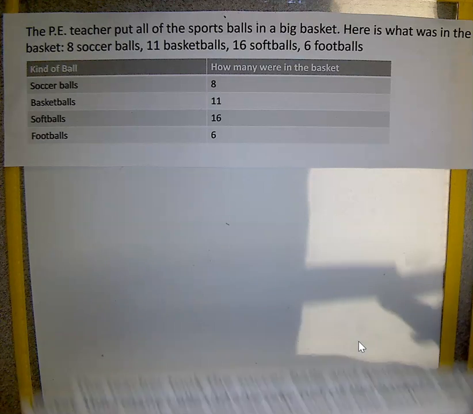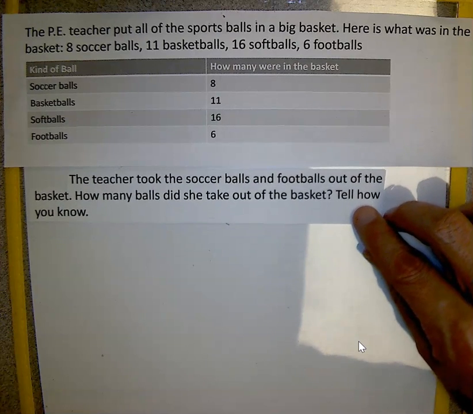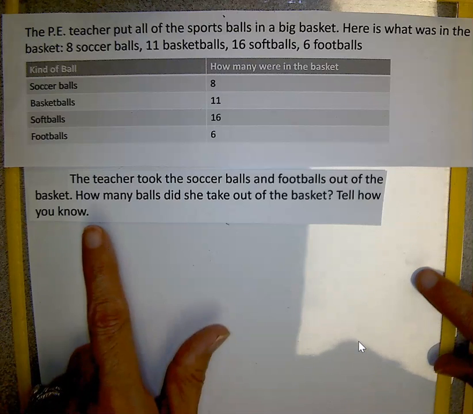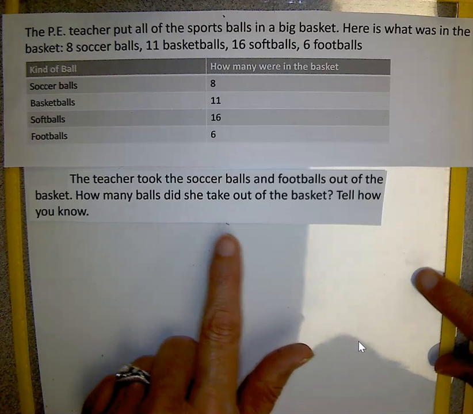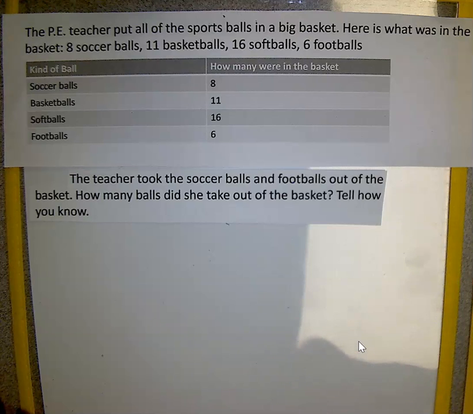So let's look at the first one. The teacher took the soccer balls and footballs out of the basket. How many balls did she take out of the basket? Tell how you know.